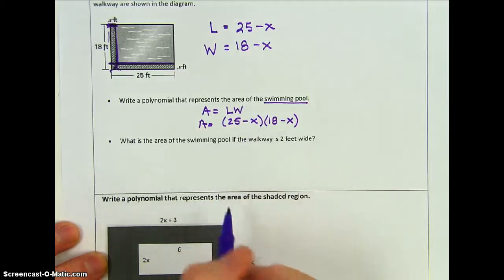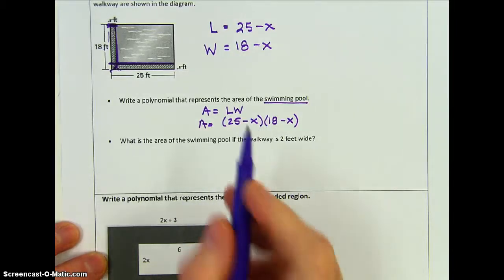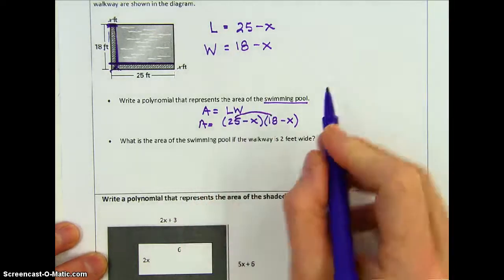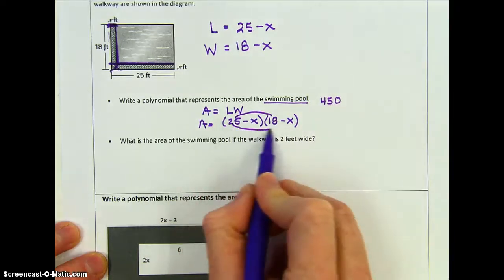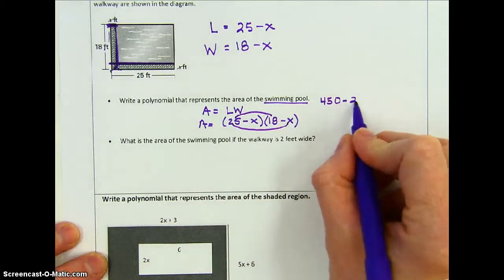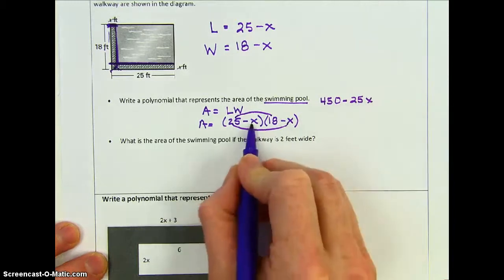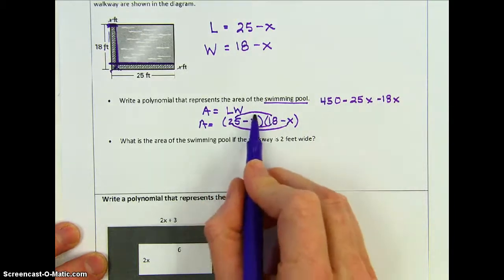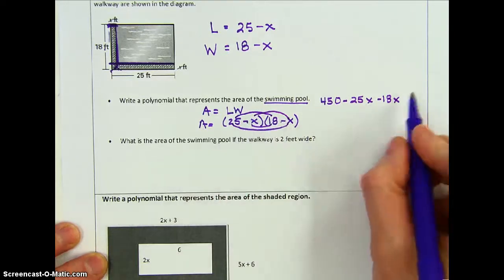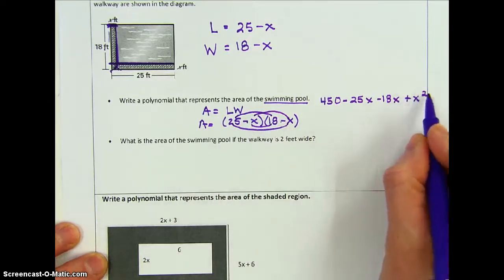We're just going to deal with it. So we will in fact use FOIL. So first is 450, outer negative 25x, inner negative 18x, and last, a negative and a negative makes a positive x squared.